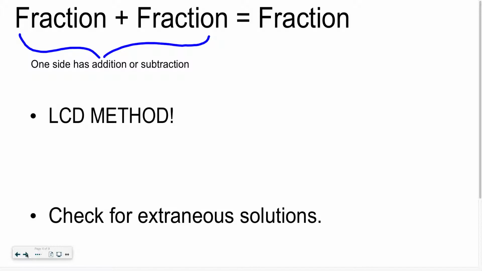We're going to find the least common denominator. So this means if one side has plus or minus, you can't cross multiply. In order to cross multiply, it has to be fraction equals fraction. So what we're going to do is eliminate fractions, which is essentially what cross multiply does for you from yesterday.